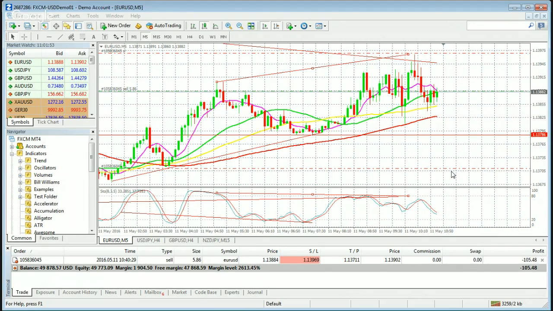Okay, so we're basically an hour into the session, and we're seeing that we're getting a bit of stagnation around about the entry level at this point.